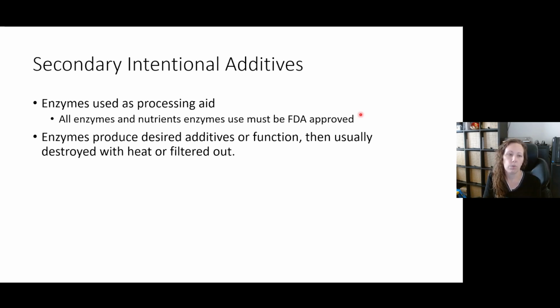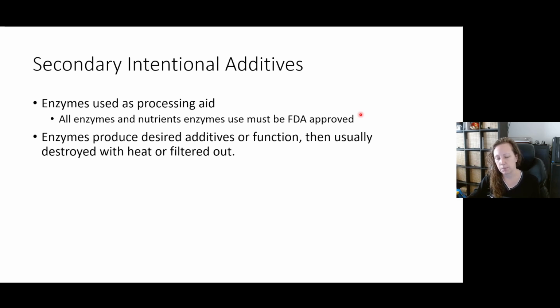The enzymes will be added to the product in some way. They're going to produce some desired additive, some byproduct that the enzyme makes, or perform some function in the food. And then usually that enzyme is going to be either destroyed with heat or more likely filtered out.